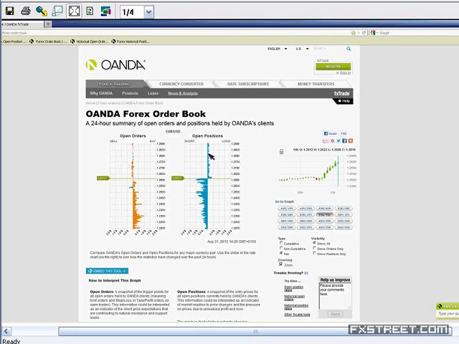Because again, they reversed the traders that were long and put them short, and now the upside is clear. More sellers, more losers, more gain for the other side.